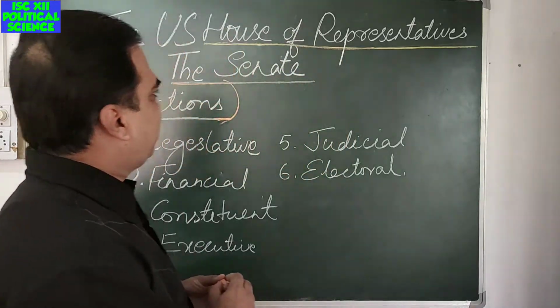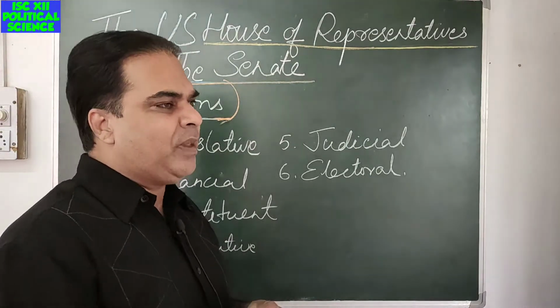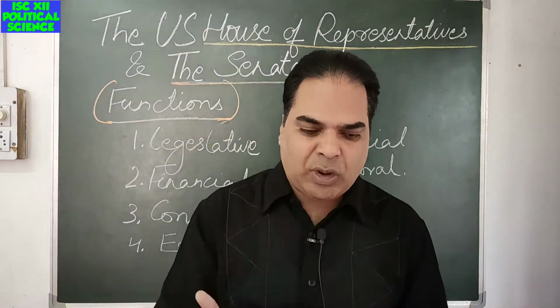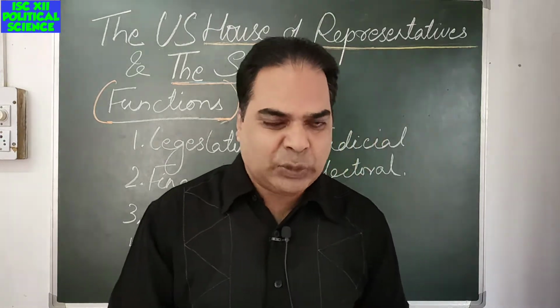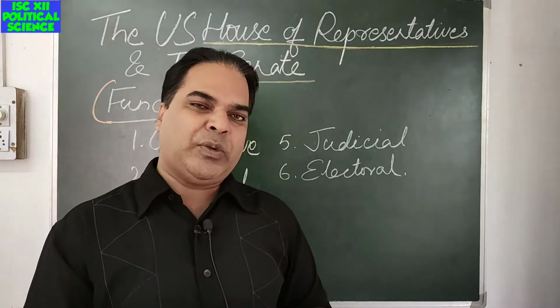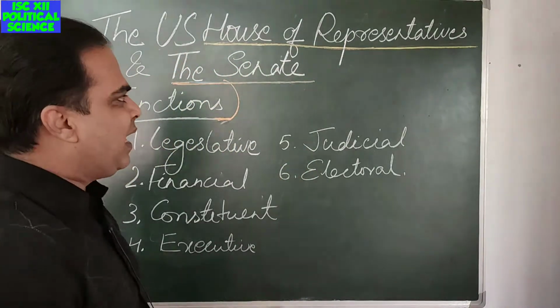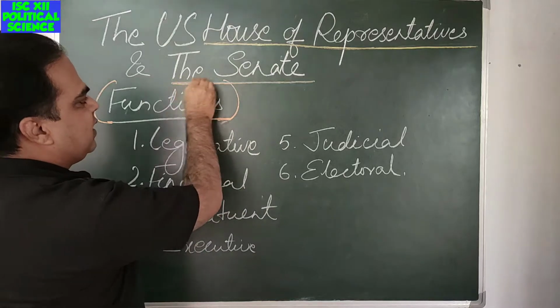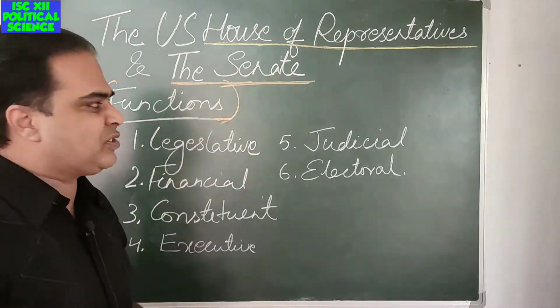So we need to understand the House of Representatives and the Senate. In short, the House of Representatives is the lower house of the US Congress. The Parliament of the USA is known as the US Congress, and the lower house of the US Congress is known as the House of Representatives, and the upper house is known as the Senate. It is similar to Rajya Sabha.